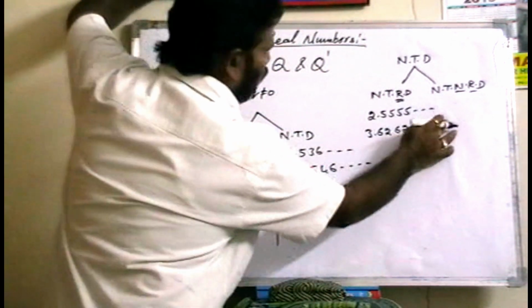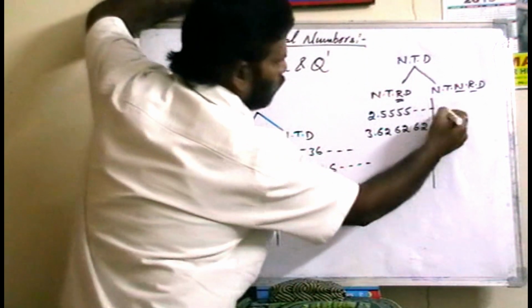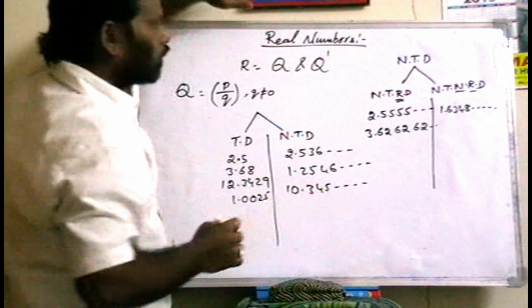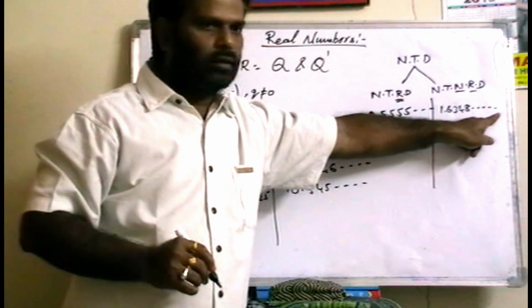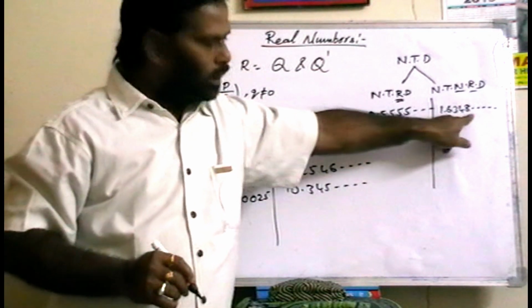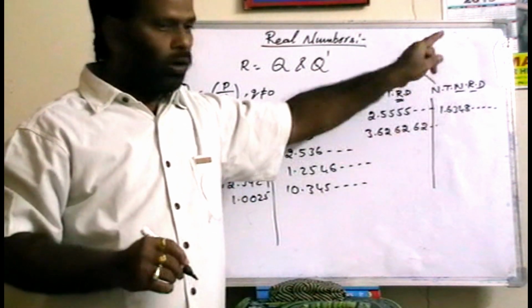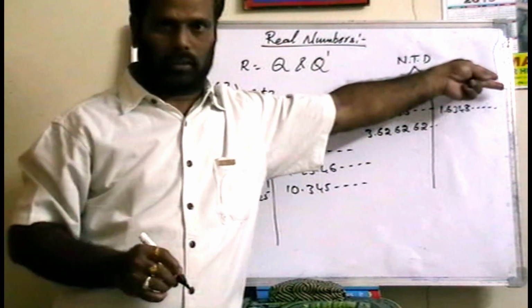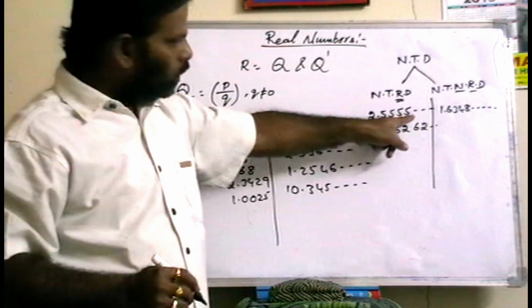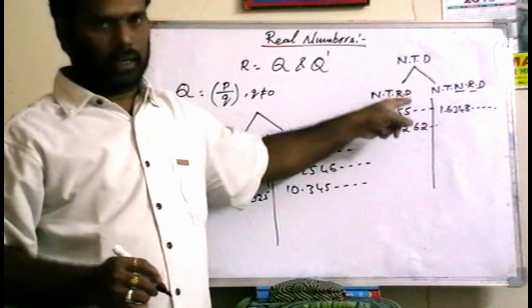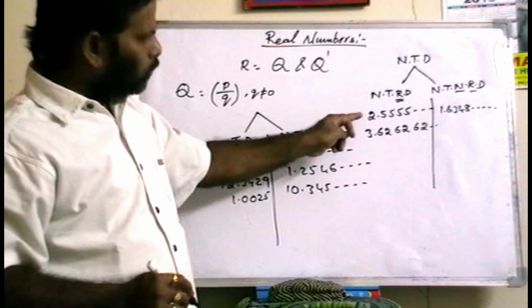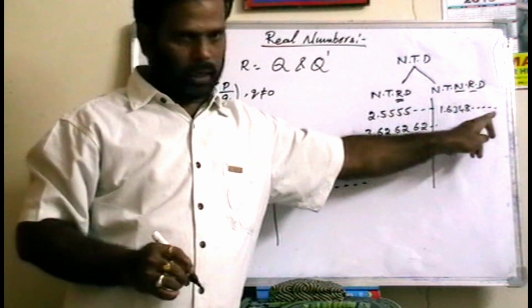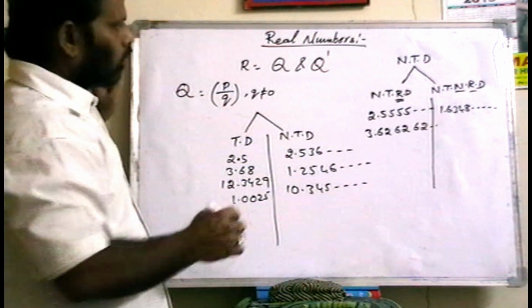But in 1.6348 and so on, it is non-terminating only, but no digit is repeating. So it is called non-terminating and non-recurring decimal.